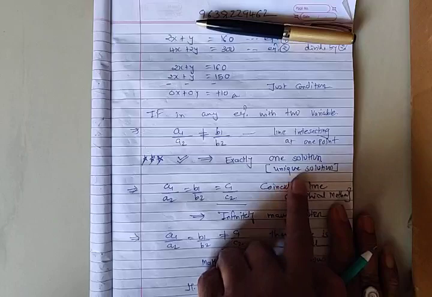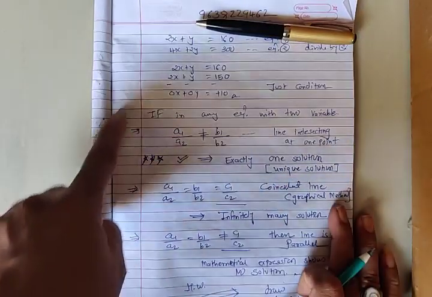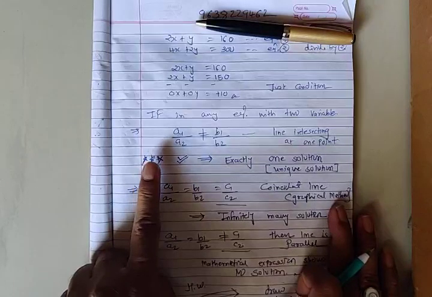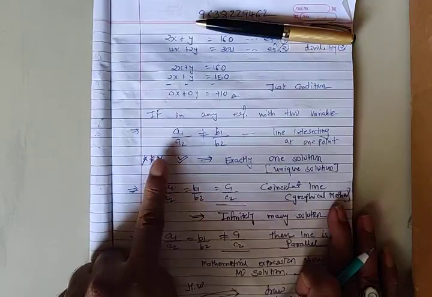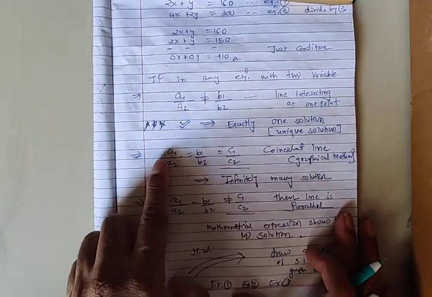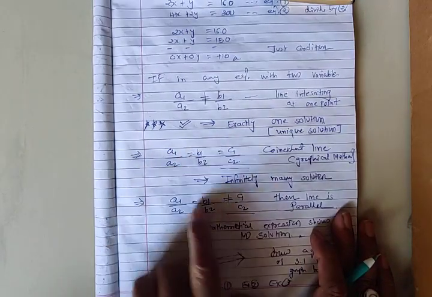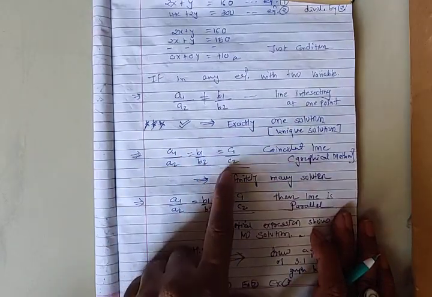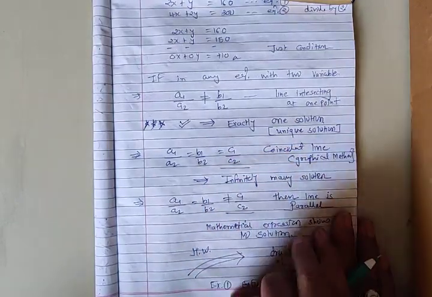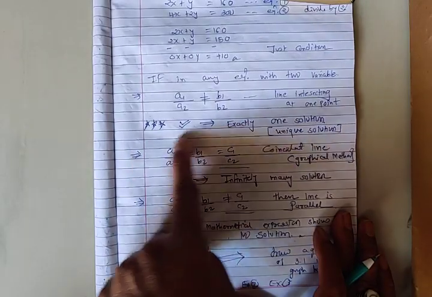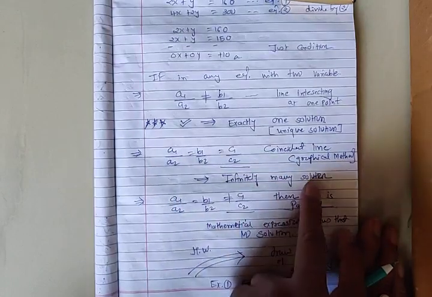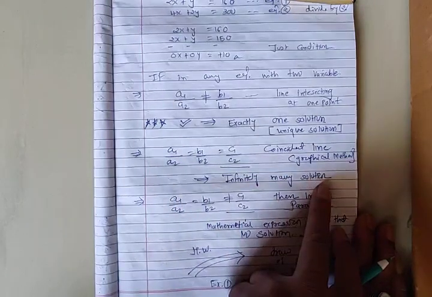Exactly one solution is what I am going to get, a unique solution. In board exams, maximum sums are going to be asked from this particular condition, which you have to remember and write down three or four times, so that you are able to understand it properly. Now, if A1 upon A2 is equal to B1 upon B2 is equal to C1 upon C2, then that is called a coincident line graphical method, which represents the same line segment, meaning line L is equal to M. So I am going to get infinitely many solutions with the help of this.